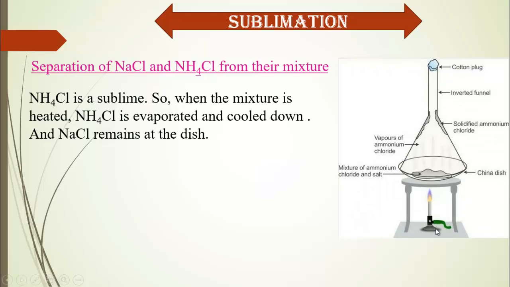Follow this picture. Here in this china dish, we will take at first a mixture of ammonium chloride salt and sodium chloride salt. Now we will keep a funnel in inverted position over the salt mixture, and the open mouth of the funnel we will cover using a cotton plug.